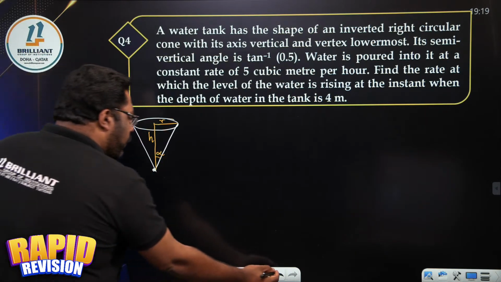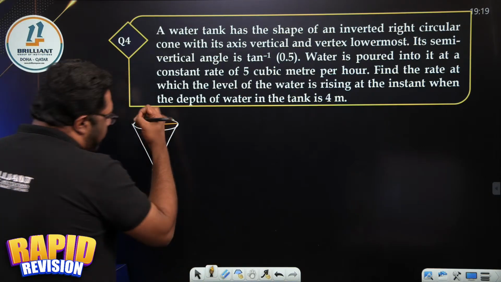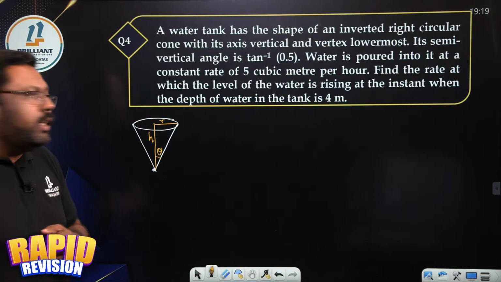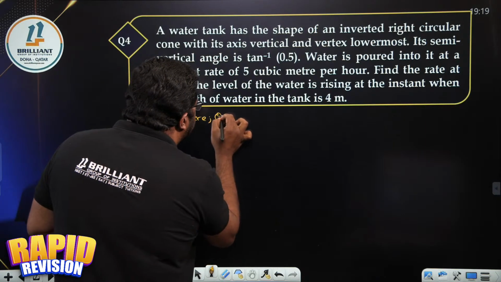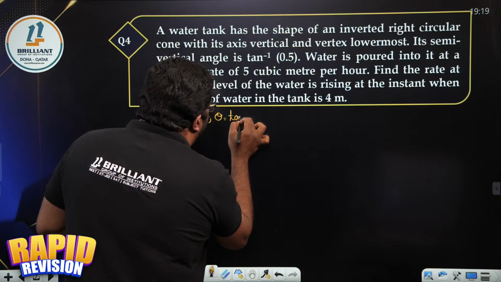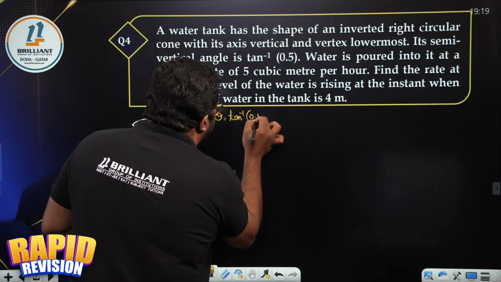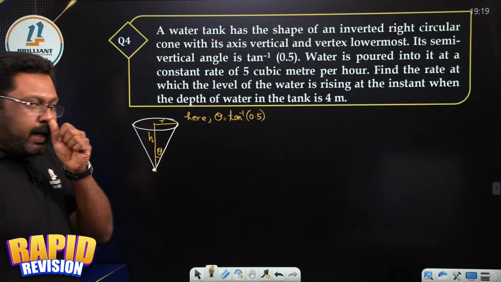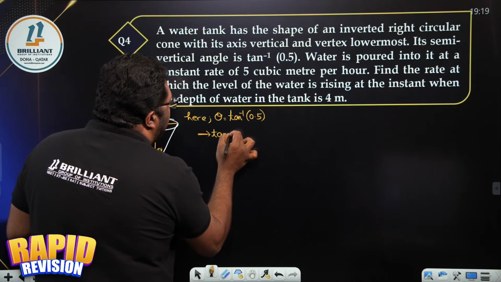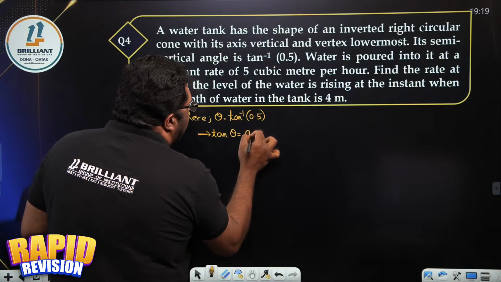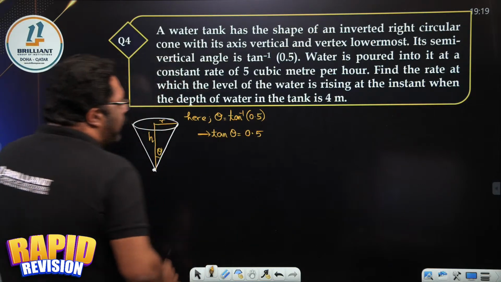Okay, let's be more familiar with it. Let's call it theta. Semi-vertical angle is theta. So they say here the semi-vertical angle theta is tan inverse 0.5. That implies tan theta equal to 0.5.